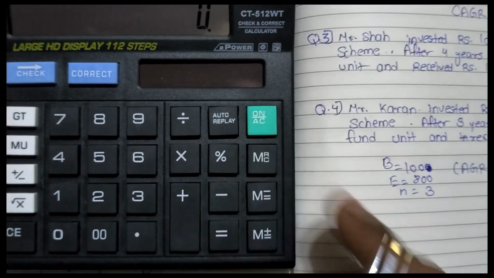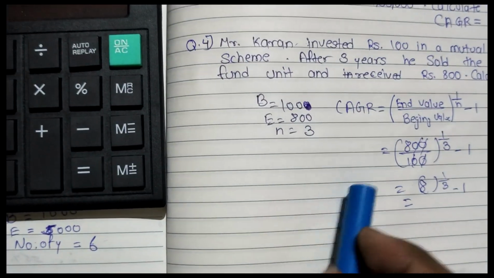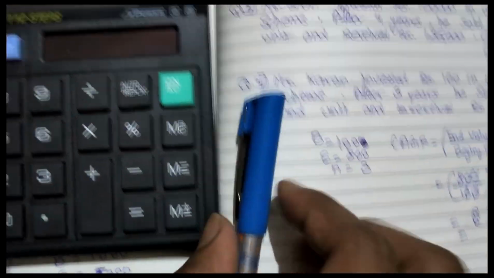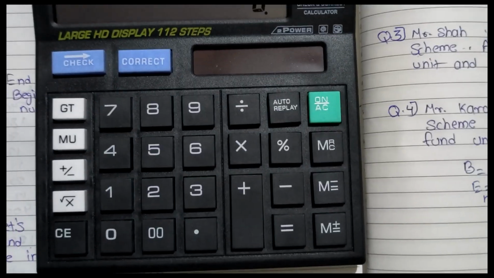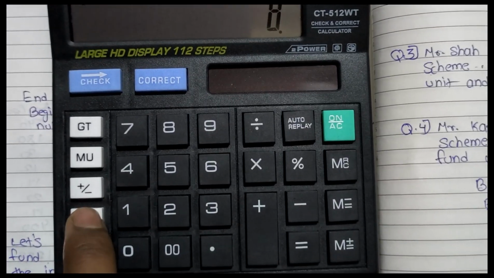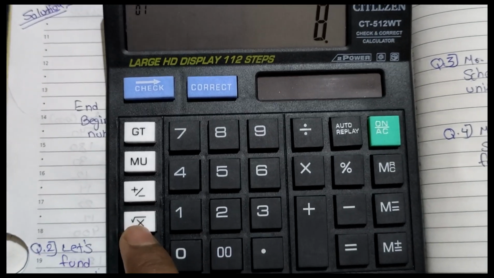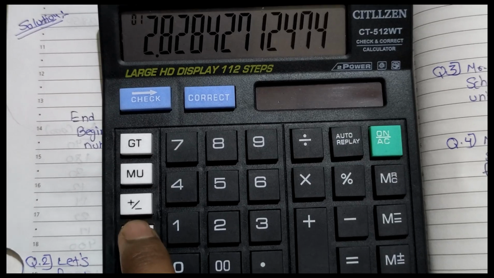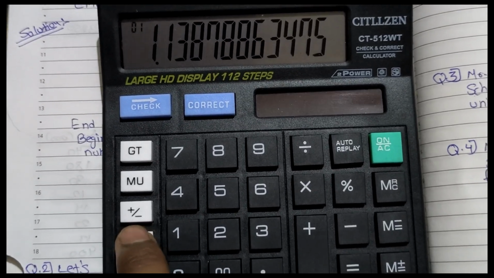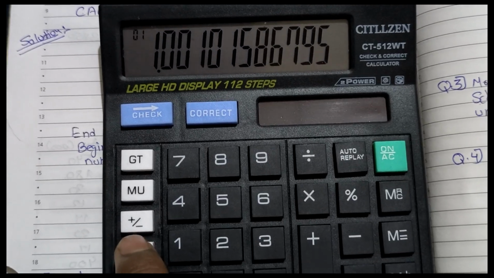First, you have to use the scientific calculator. So 8 is our value. What you have to do is use the square root symbol and click it 12 times in a row: 1, 2, 3, 4, 5, 6, 7, 8, 9, 10, 11, 12.